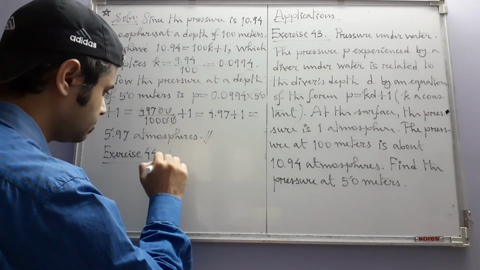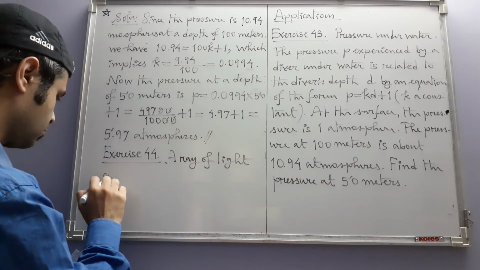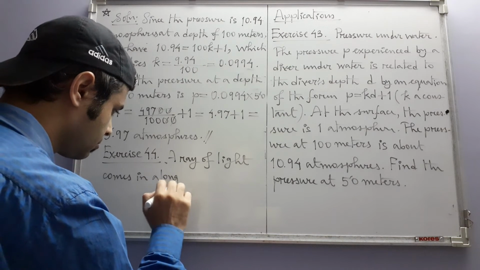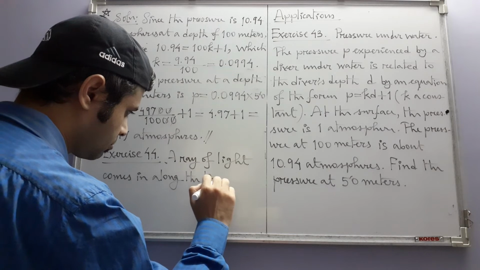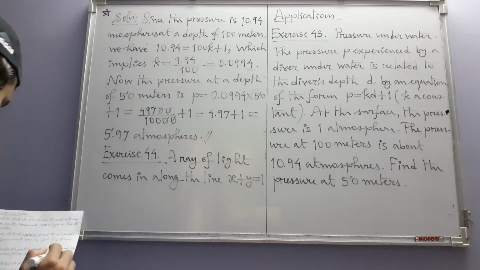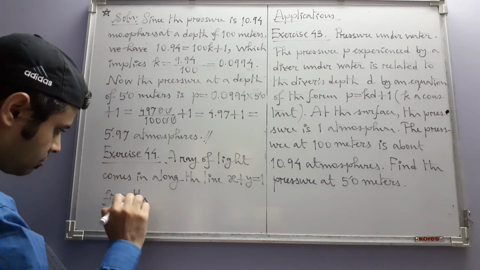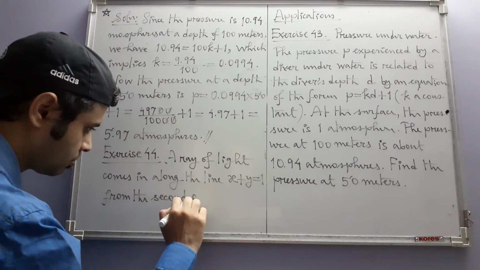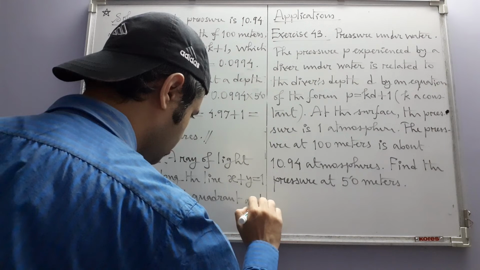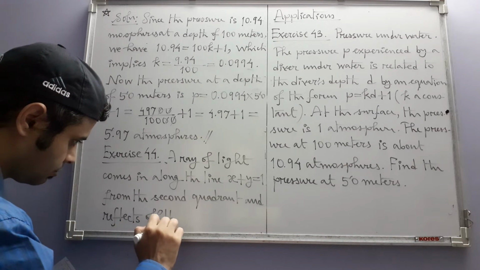A ray of light comes in along the line x plus y equal to 1 from the second quadrant and reflects off the x-axis.